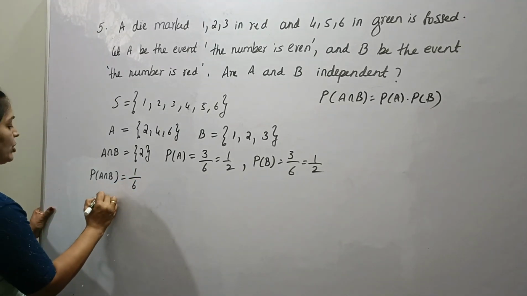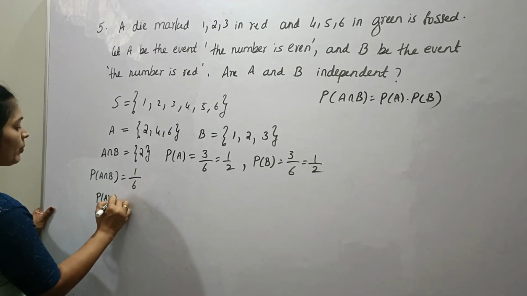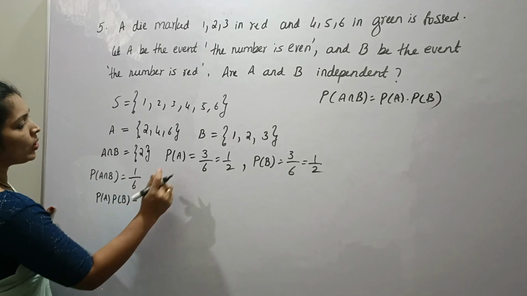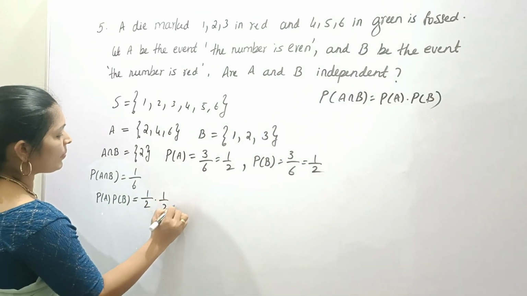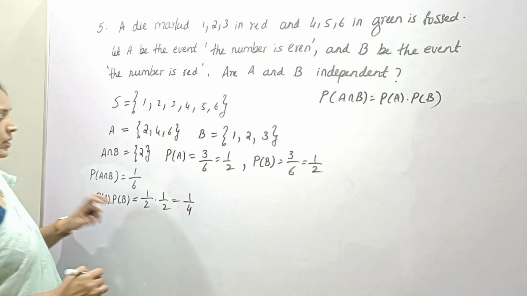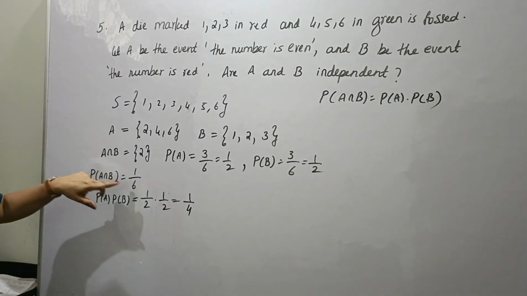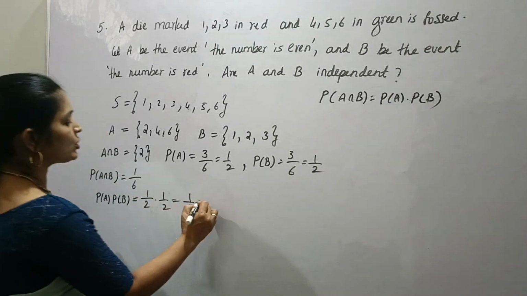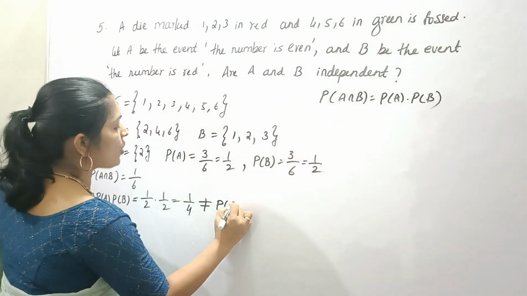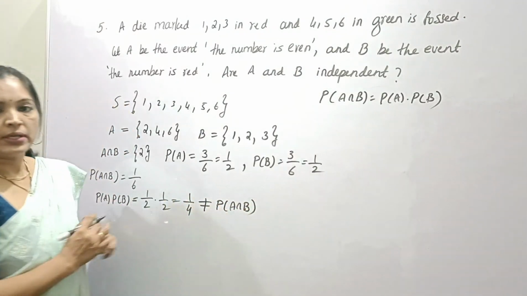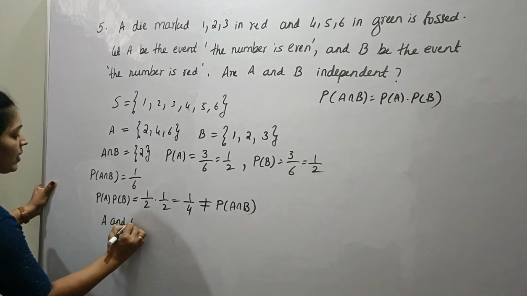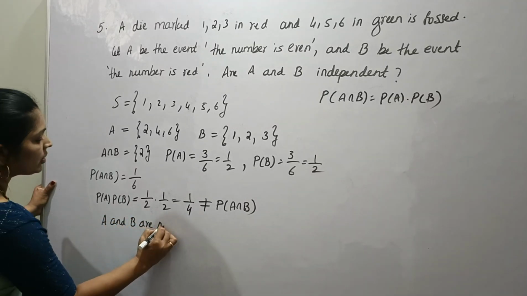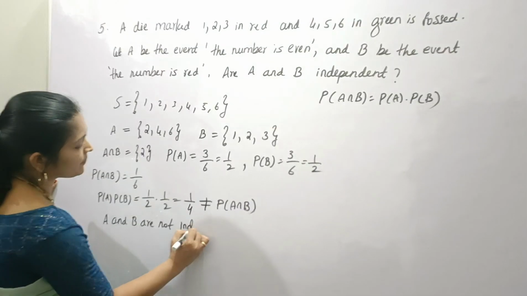Then here probability of A into probability of B is equal to 1 by 2 into 1 by 2, that is 1 by 4. But probability of A intersection B is 1 by 6. It is not equal to probability of A into probability of B. Right? Therefore, A and B are not independent events.